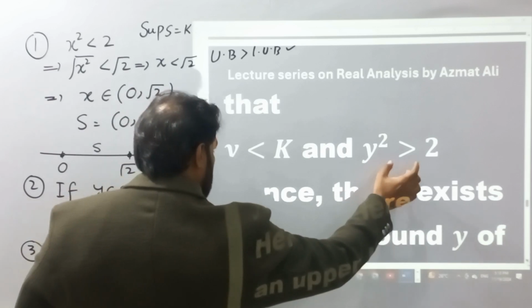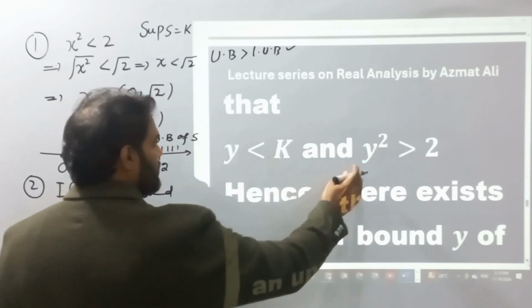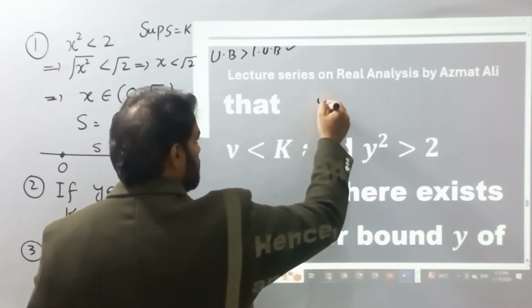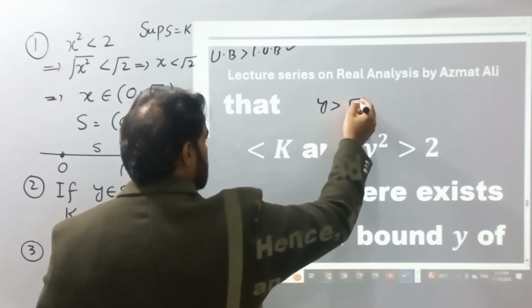If you notice the condition y square is greater than 2, what does this show? When y square is greater than 2, taking square root on both sides, we have y greater than square root 2.